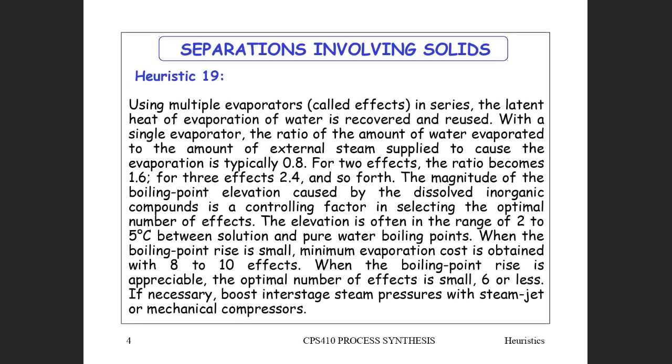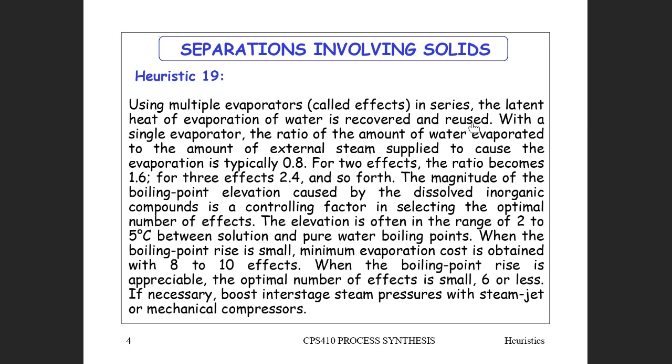Okay, so using multiple evaporators called effects in series. The latent heat of evaporation is recovered and reused. That's what they mean by this: we were using the steam that we evaporated from the sugar solution as the heating for the next one.